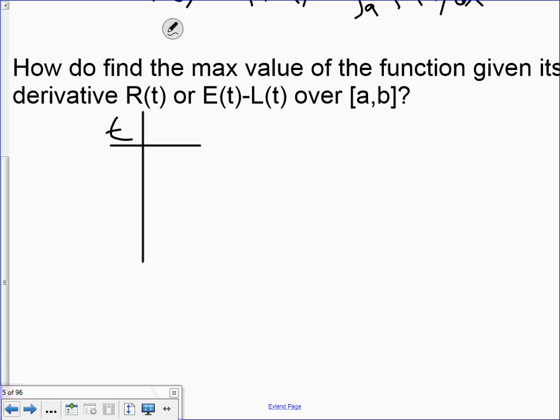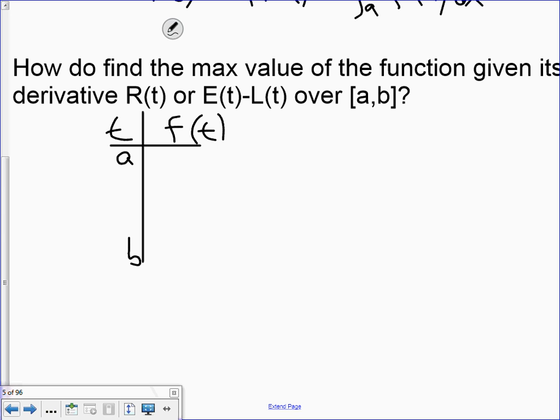We'll just call it f of t. Okay, but we are either given the rate at which it's changing, r of t, or e of t minus l of t. It's one of those two things. And you want to find the maximum value of the actual function. Where do you have to evaluate the function? Where could it occur? The maximum value, just like before.